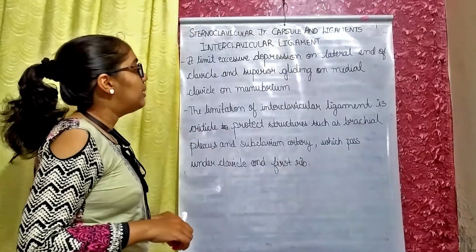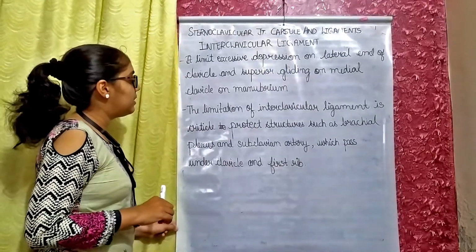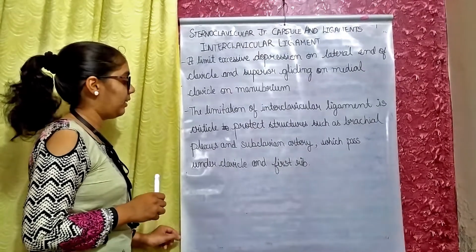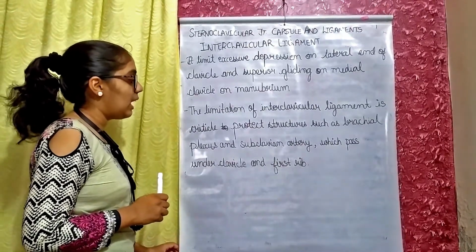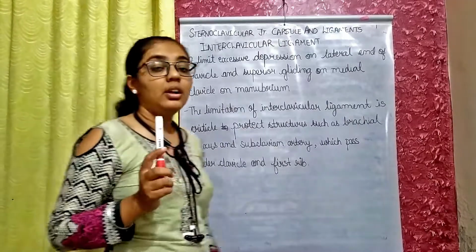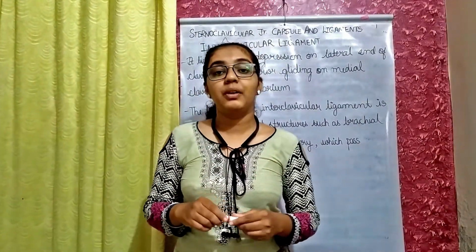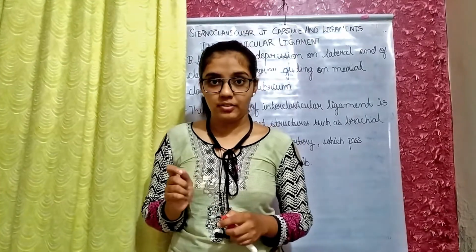Second, the limitation by the interclavicular ligament is critical to protect structures such as the brachial plexus and subclavian artery, which pass under the clavicle and the first rib. These limitations play a crucial role in preventing various kinds of injuries.